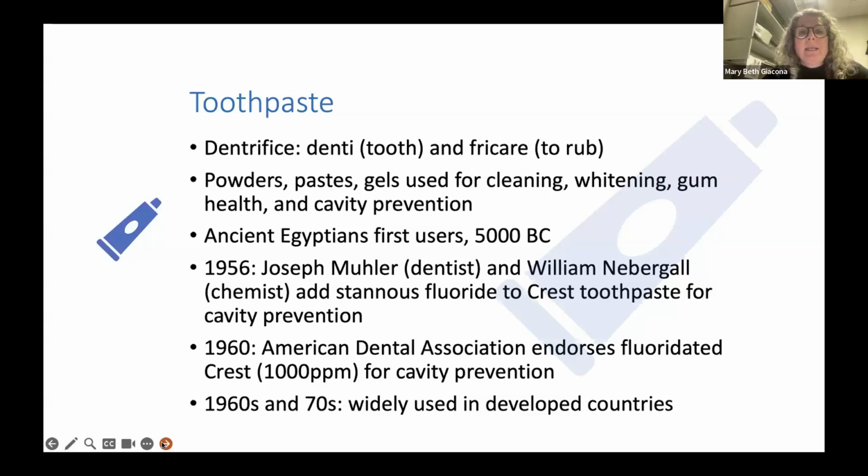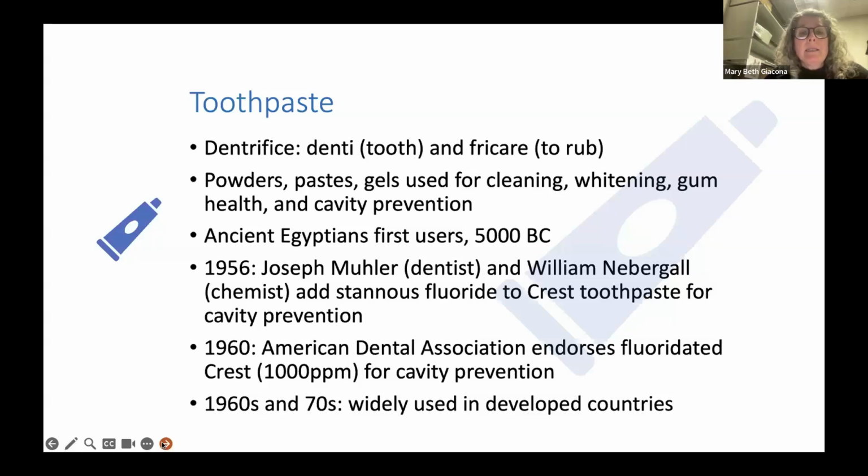So in 1956, Joseph Mueller, a dentist, and William Nebergall, I might be saying that wrong, a chemist, actually formulated pressed toothpaste to include stannous fluoride, a form of fluoride, and marketed it as something that was going to help prevent cavities.